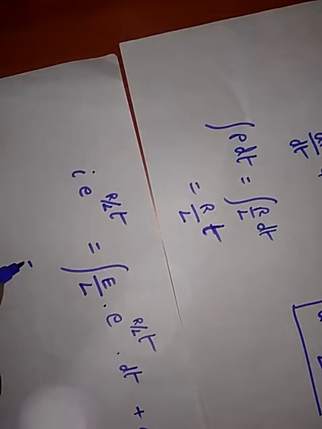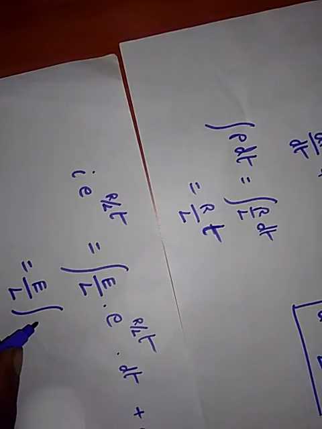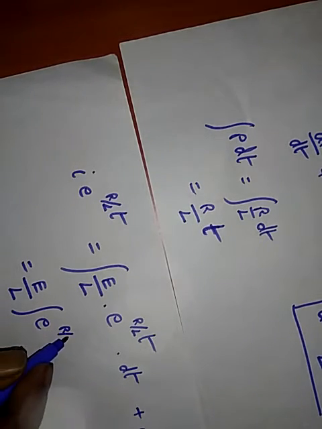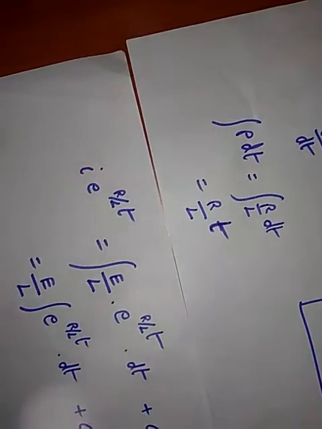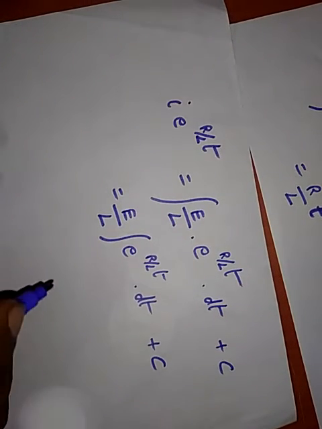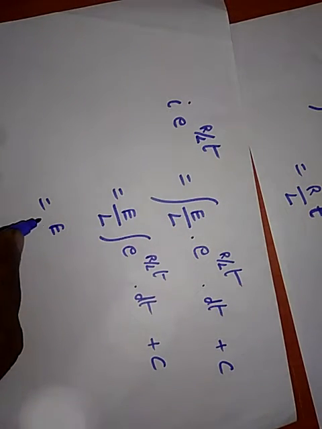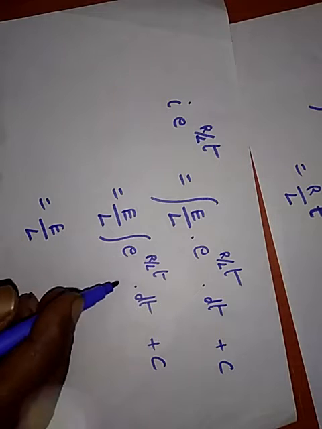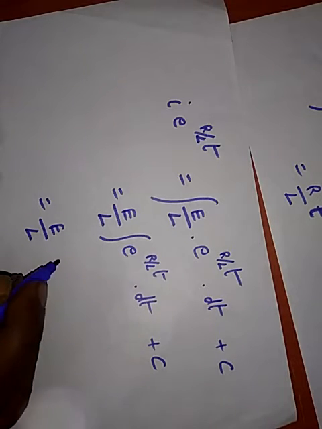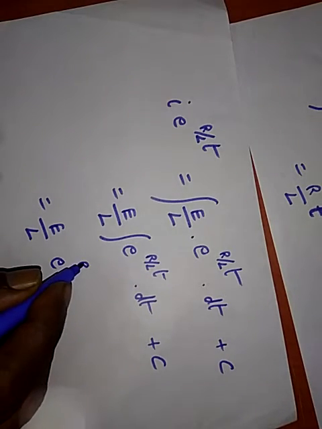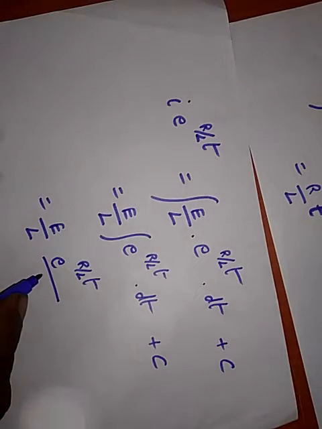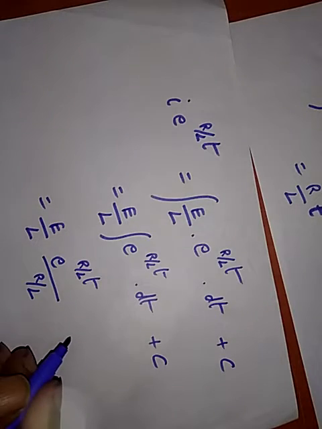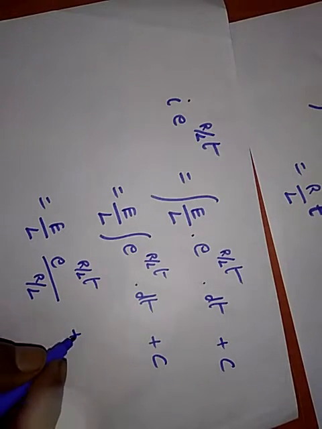Now E by L is constant, so we have e power R by L t into dt plus c. The next step will be E by L times the integration of e power ax, which is e power ax divided by the coefficient, that is R by L, then plus c.